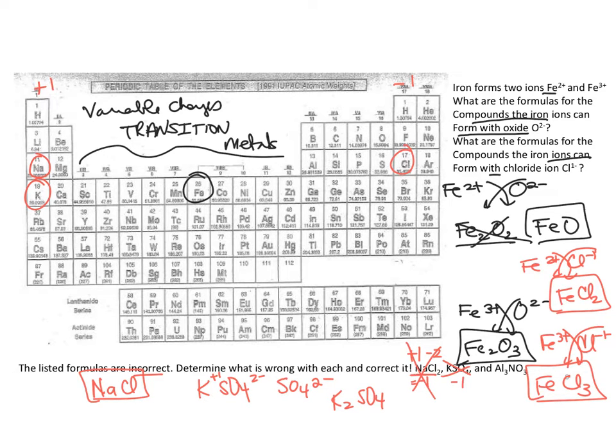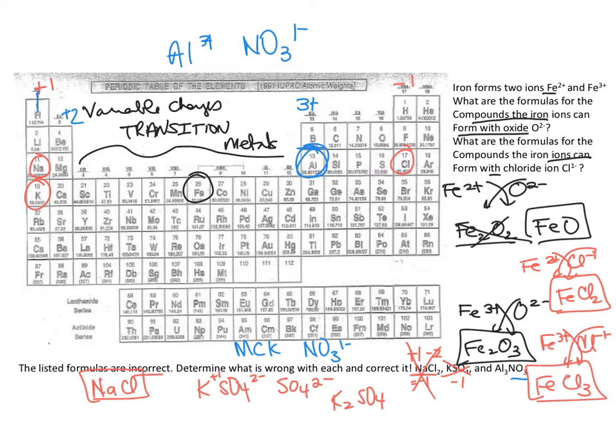Aluminum is here. That's in the 3 plus, because this is +1, this is +2, this is +3. So aluminum is a 3 plus. NO3 is Nic, the camel. Nitrate, there's only one of those.